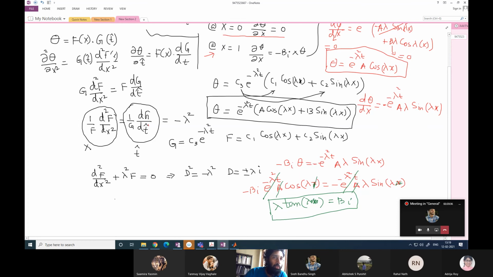So we say now this theta is e to the power minus lambda n square t hat A n cos lambda n x. That is my solution, and all these solutions are superposed, n equals to 1 to infinity.